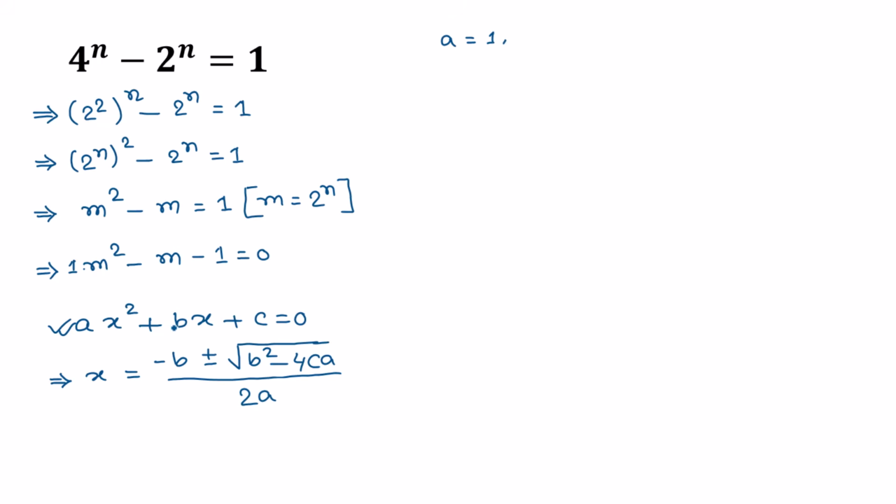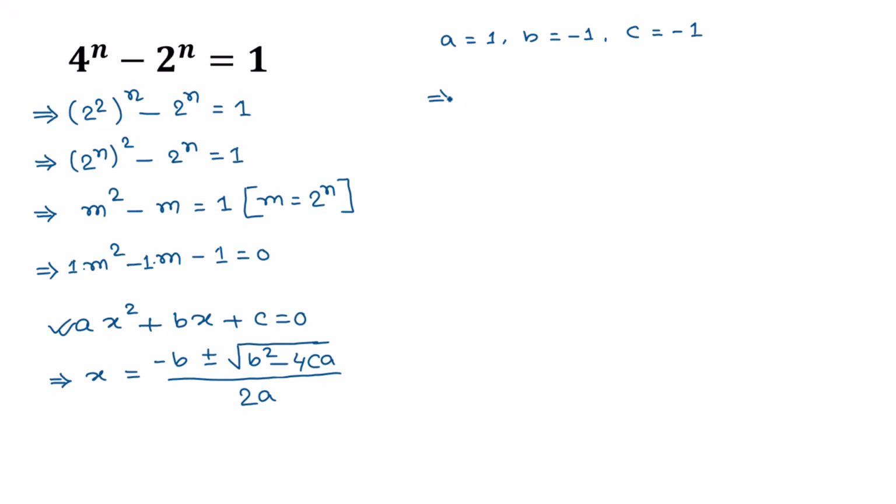And b is the coefficient of the linear term, which is negative 1, so b is equal to negative 1. And c is the constant term, which is negative 1, so c is equal to negative 1. Now substitute these values in the formula, and we will get the value of m.